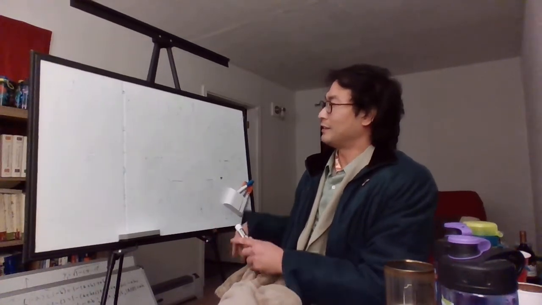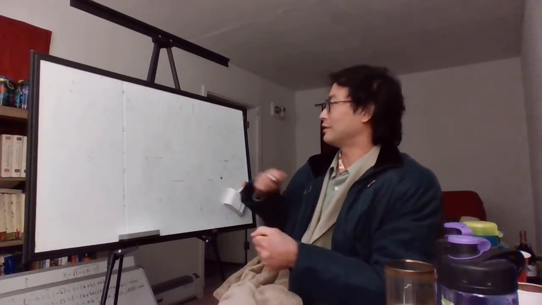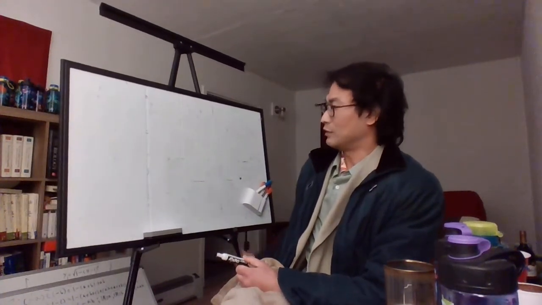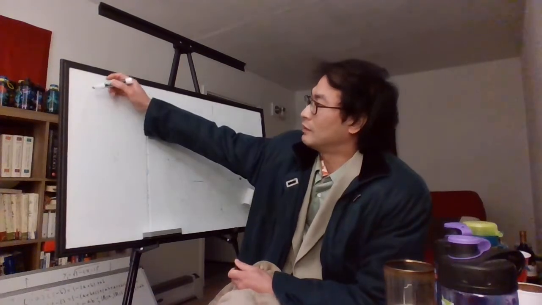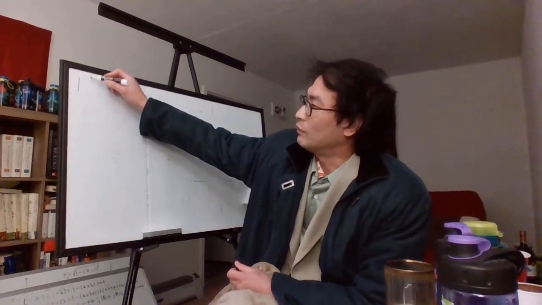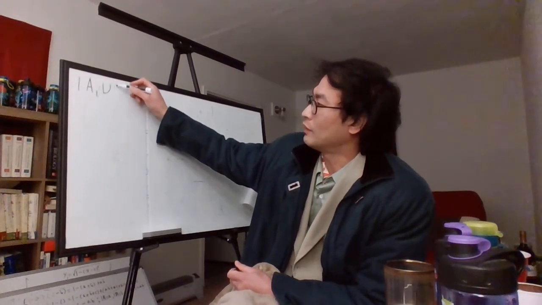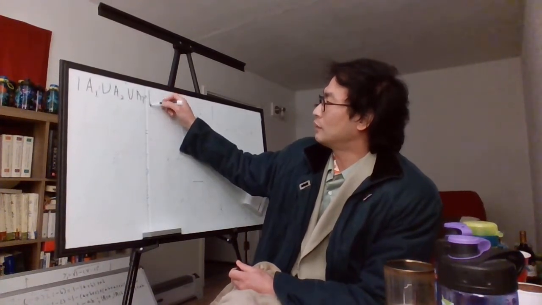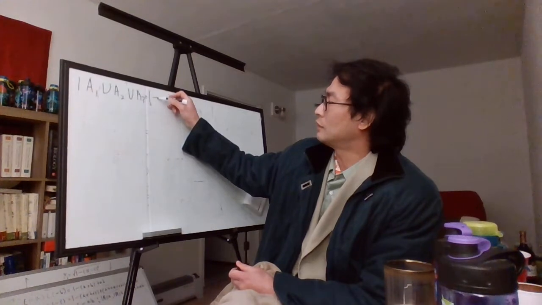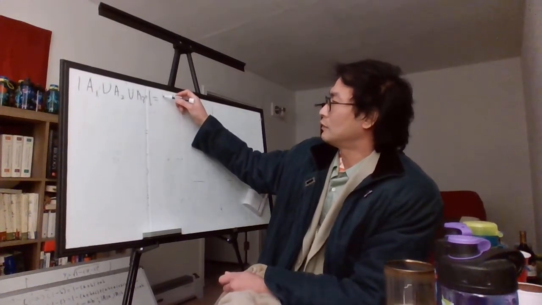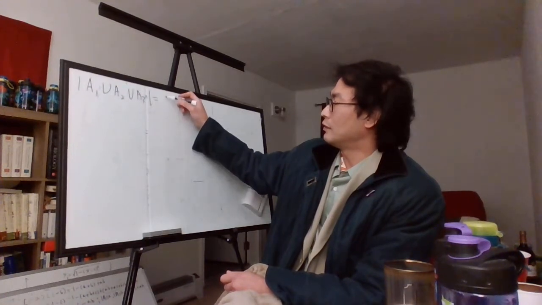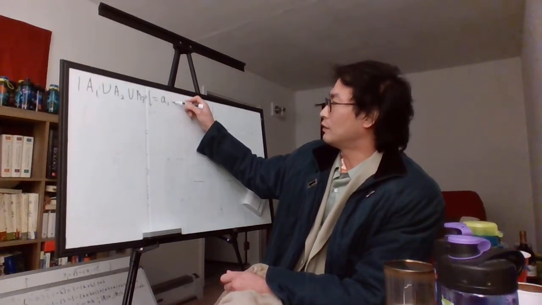Traditionally, the inclusion-exclusion principle: you have the absolute value of A1 union A2. We just call it A1.